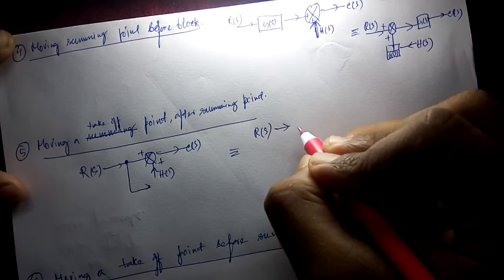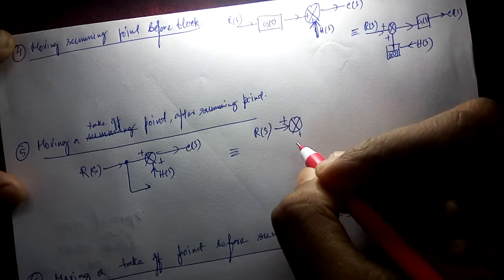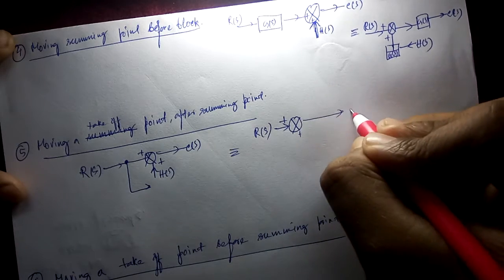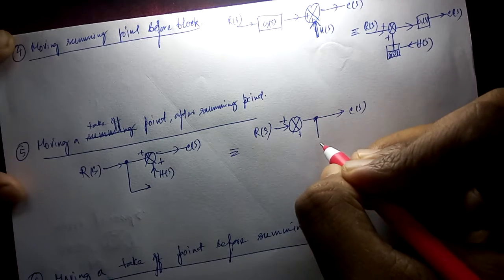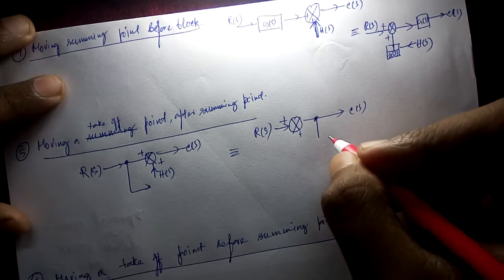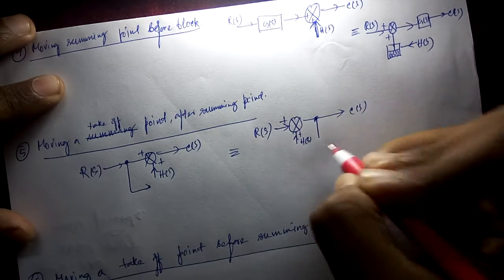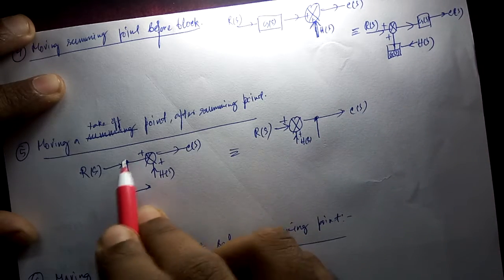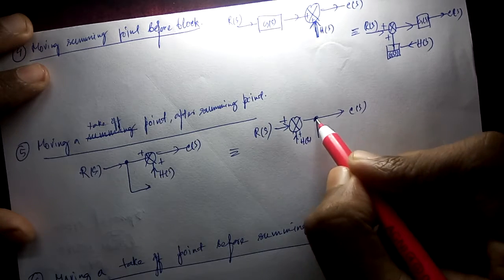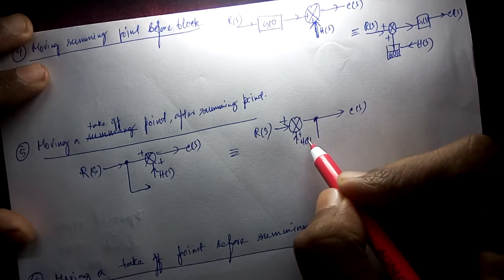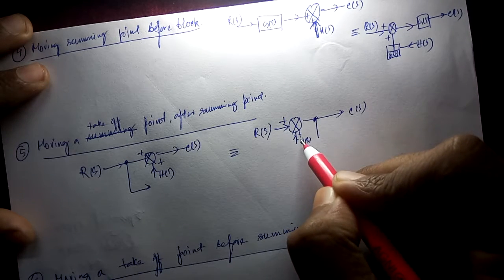RS will, as before, here the summing point, then the output CS, and the takeoff point will be after that. So in the first case, RS was coming in that path, but when we take this takeoff point after the summing point, HS will also be added in that path with RS.